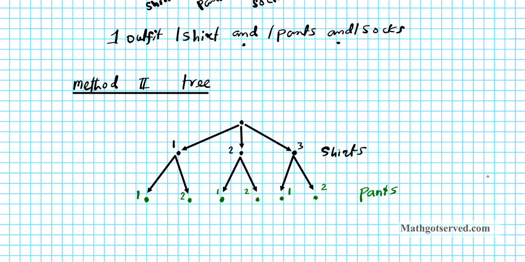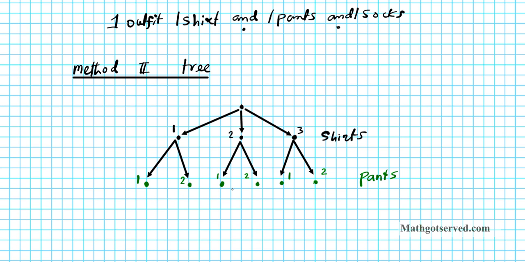But that's not all. You also have 2 unique kinds of socks to select with each combination. So the last leg of our tree is going to be the socks selection.